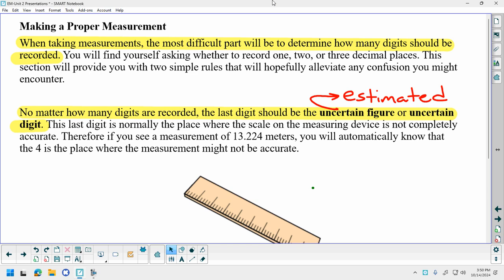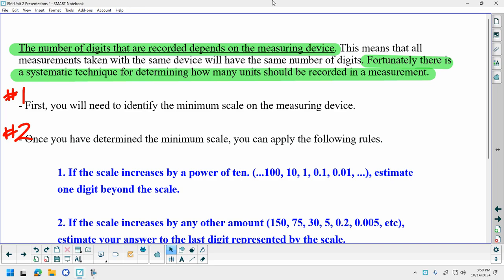We want to get as many value places as possible from our measuring devices so that we get the most precise measurement possible. Now, how that works is going to depend on the measuring device that we're working with. The number of digits and the values for those digits is going to depend on the measuring device itself.